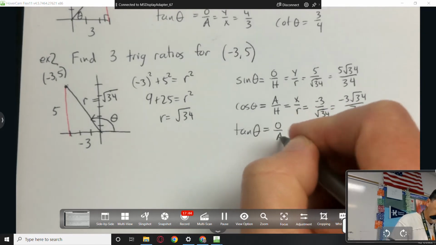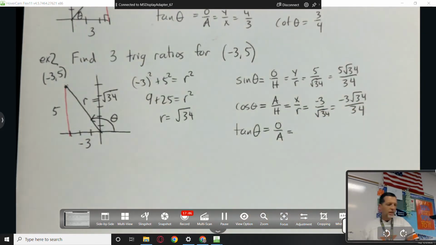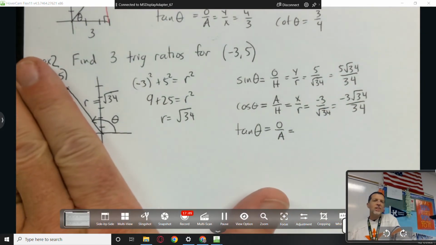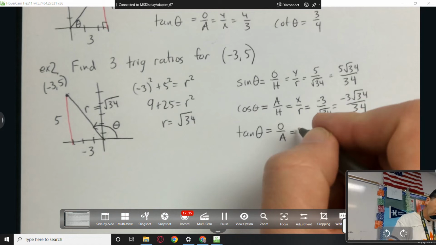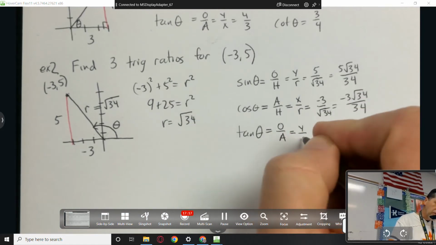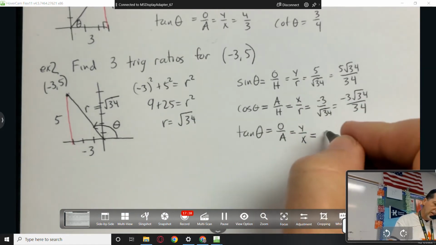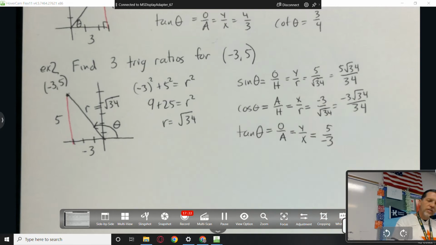Tangent is opposite over adjacent. And again, if we're strictly looking at that angle, there is no opposite, there is no adjacent. But we would hopefully remember that opposite over adjacent is the same as y over x. So 5 over negative 3, or negative 5/3.